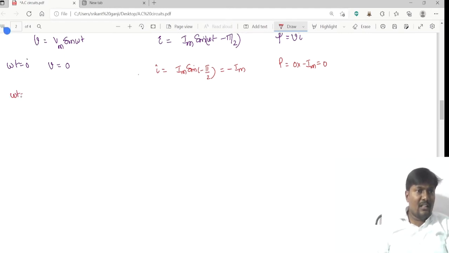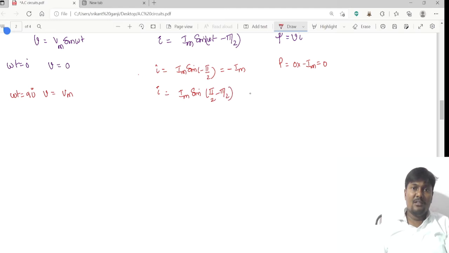At omega t equal to 90 degrees, V is equal to V max, I is equal to I max sine of pi by 2 minus pi by 2, which is 0, and the power is V max into 0, which is 0. Okay, in between we will take one more value, omega t equal to 45 degrees.